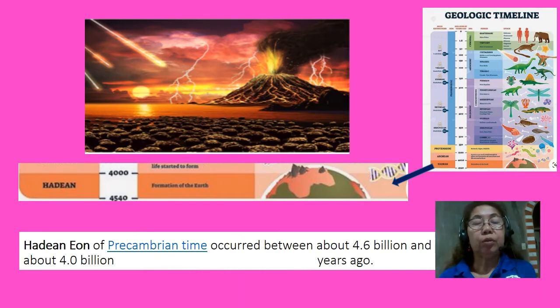The Hadean Aeon of Precambrian time occurred between 4.6 billion and about 4 billion years ago. At this time, the mantle, the core, and the crust tend to form. The Precambrian rocks are the foundations of the continents.